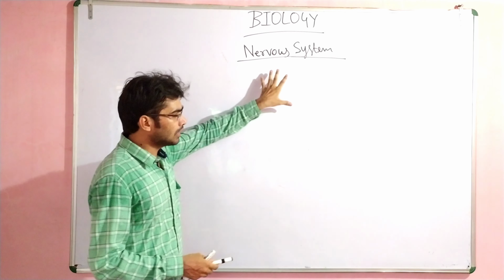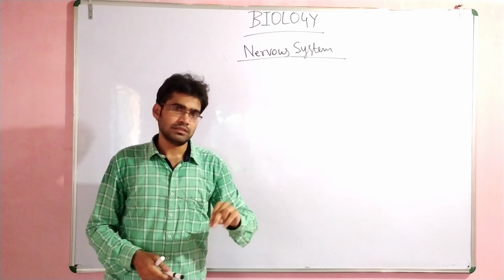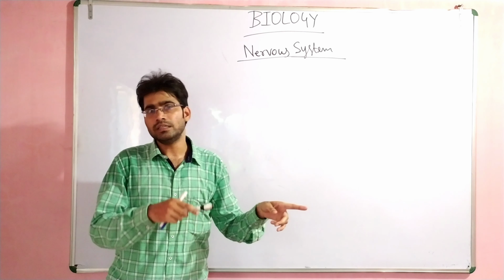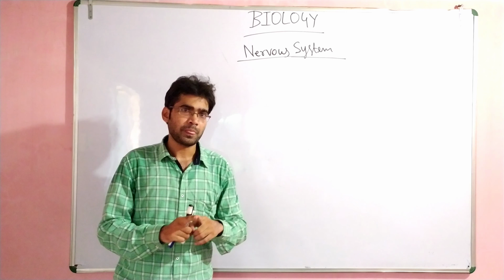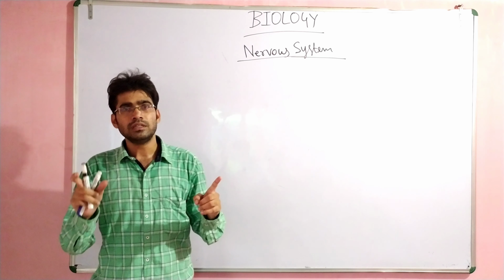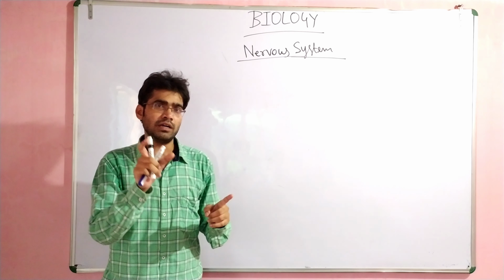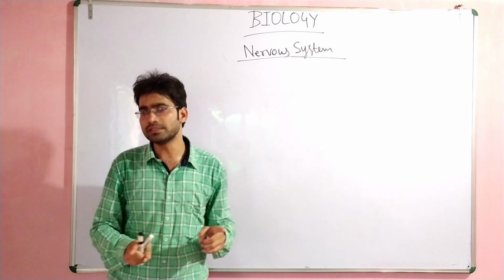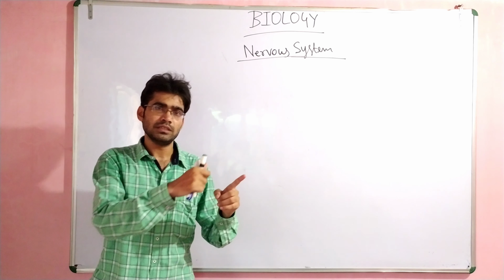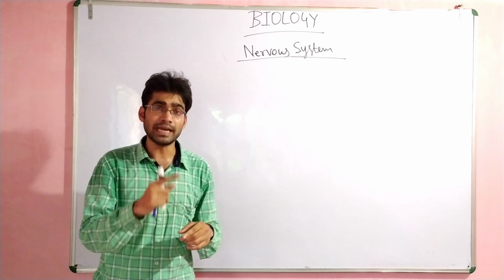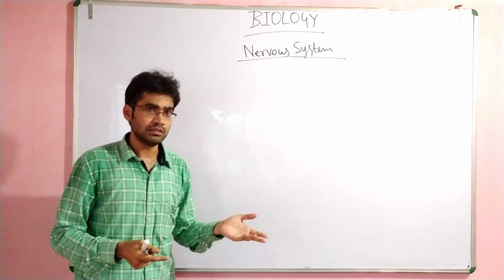See here, in the nervous system there are two vital things: the receptor and the effector. In between receptor and effector there will be nerves, and these nerves are responsible for transmission of impulses from one place to another, for the response that I will tell you in the next topic when I discuss the reflex arc.